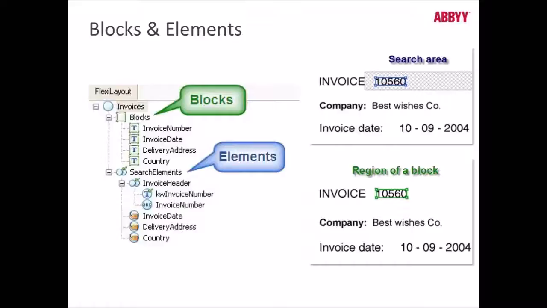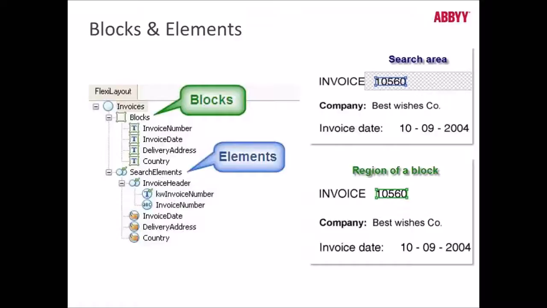And the elements are logically connected. When the program applies the FlexiLayout to a document, first it analyzes the image and then looks for the document objects which are described by FlexiLayout elements. It does this sequentially, one by one, from the top of the tree.